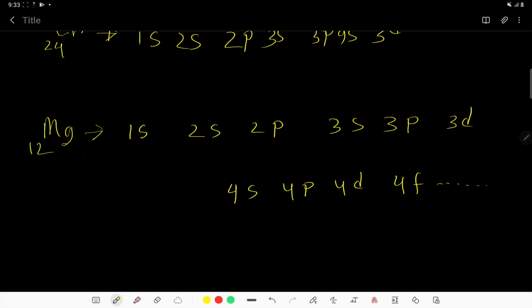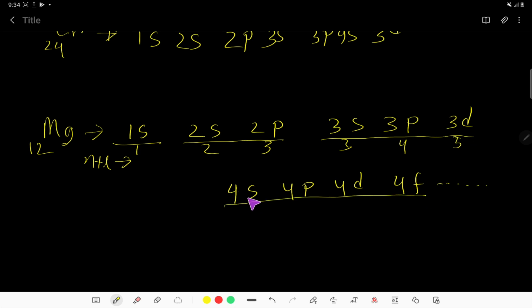So now I will find the n plus l value. For 1s we get 1 plus 0, 1. Then for the second shell we get 2, then 3 plus 0, 3, 3 plus 1, 4, 3 plus 2, that is 5. Then 4 plus 0, 4, 4 plus 1, 5, then 4 plus 2, 6, 4 plus 3, 7.